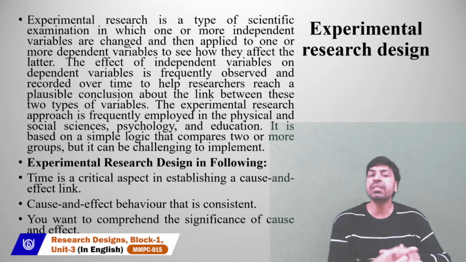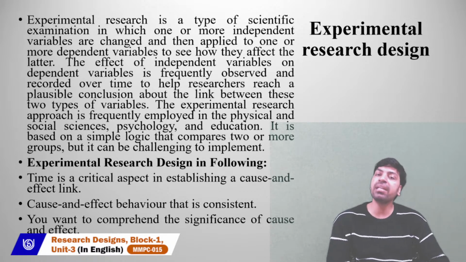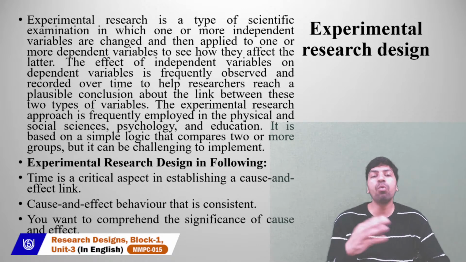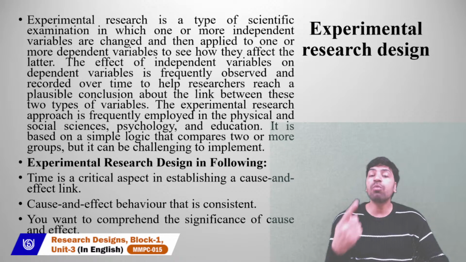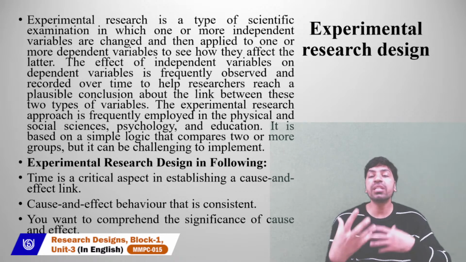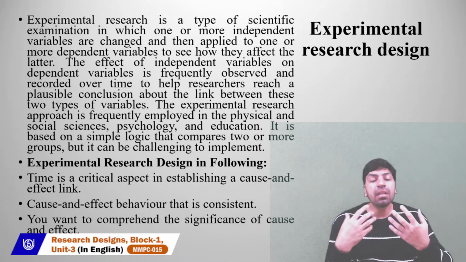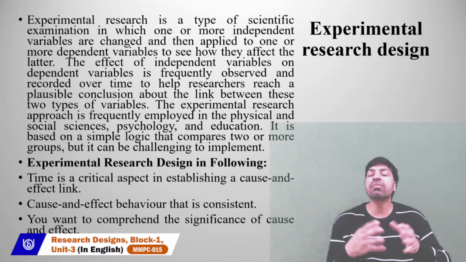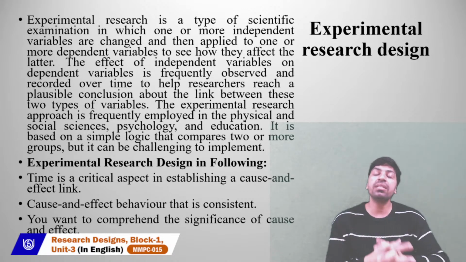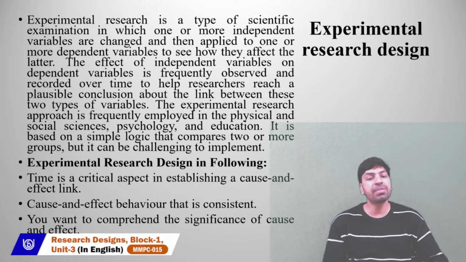Through this research design, the effect of independent variables on the dependent variables can be easily observed and recorded over time, which helps the researcher reach a possible conclusion and find the correlation between these two types of variables.